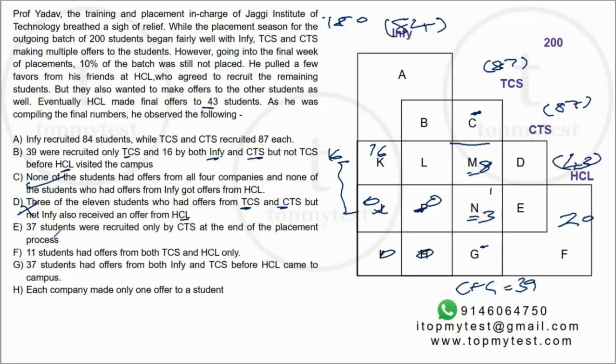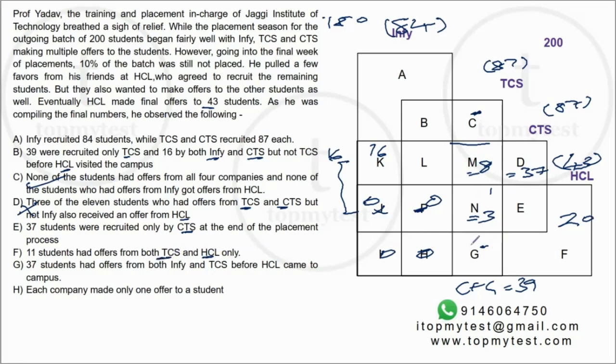Okay. 37 students were recruited by only CTS at the end of the placement process. So D will be 37. 11 students had offers from both TCS and HCL only.